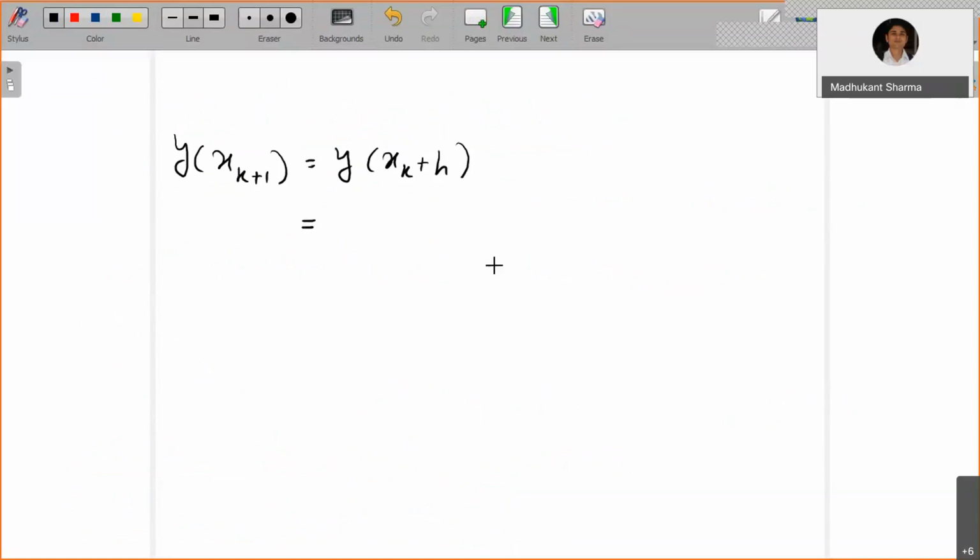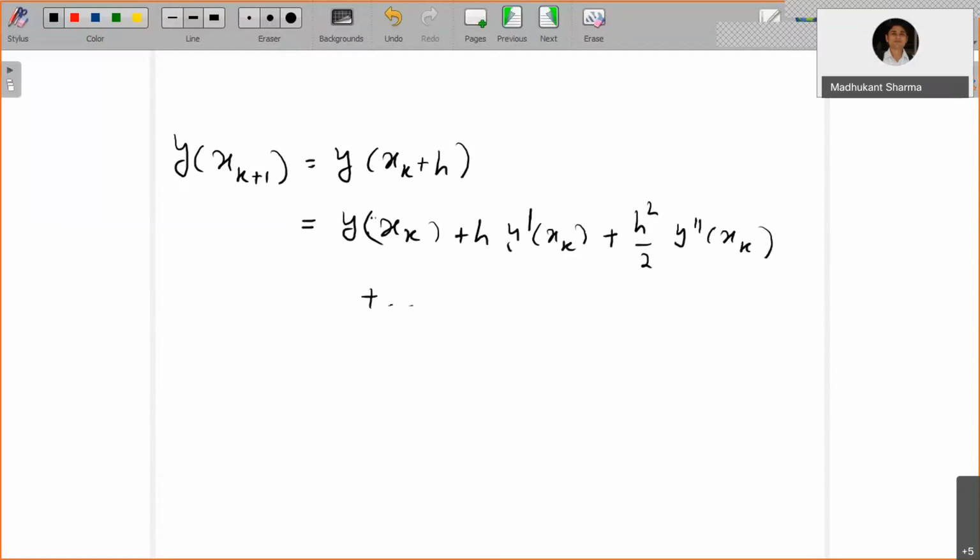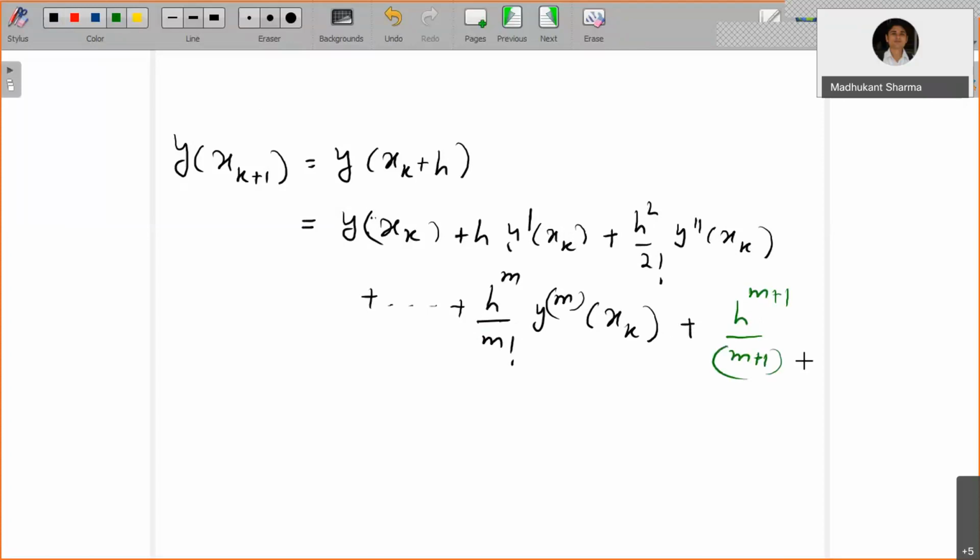Now write down Taylor's approximation: y at x k plus h times y dash at x k, plus h square by 2 factorial times the second derivative at k, and so on, plus h to the power m by m factorial times the mth derivative at k, plus the error term h to the power m plus 1 by m plus 1 factorial times the m plus 1th derivative at some c k, where c k lies between x k and x k plus 1.